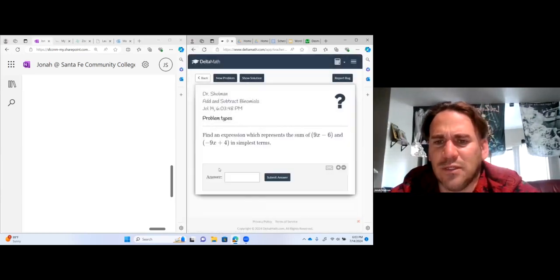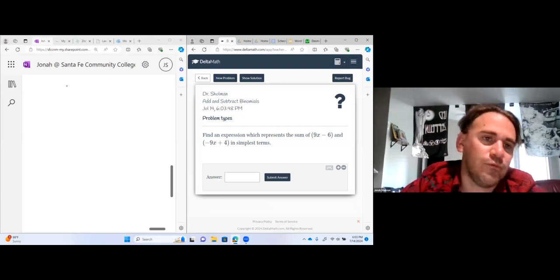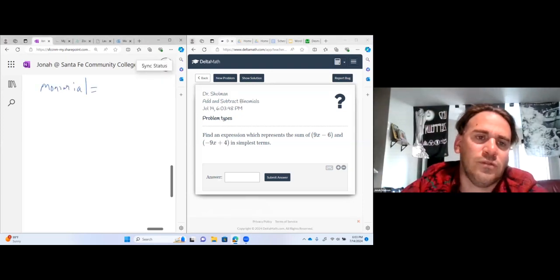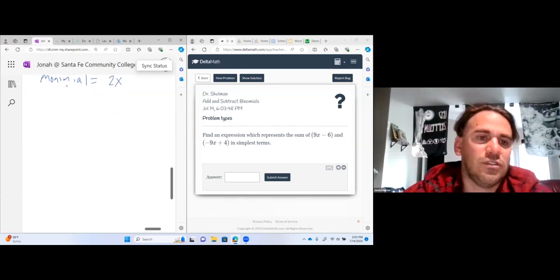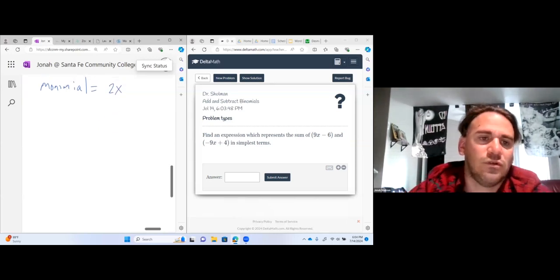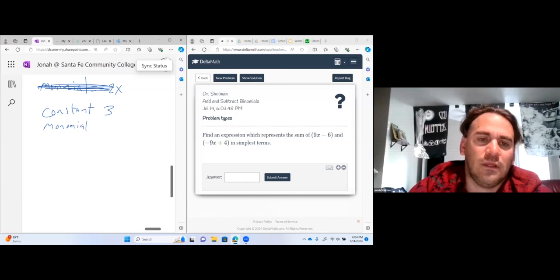All right, let's add some binomials. When they use monomial, it means one term, like 2x. So a constant is like the number 3. Monomial is like 3x.